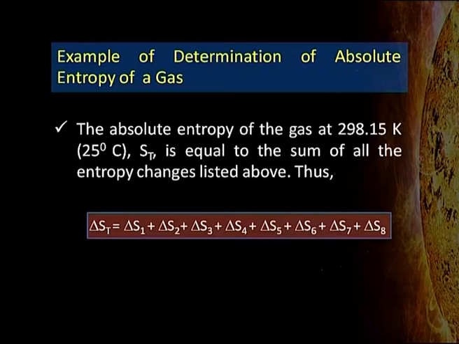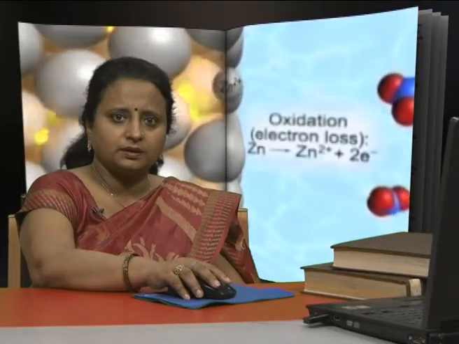Therefore, delta St will be equal to delta S1 plus delta S2 plus delta S3 plus delta S4 plus delta S5 plus delta S6 plus delta S7 plus delta S8. This method of determination of absolute entropy of a substance can be better understood with the help of some problems.